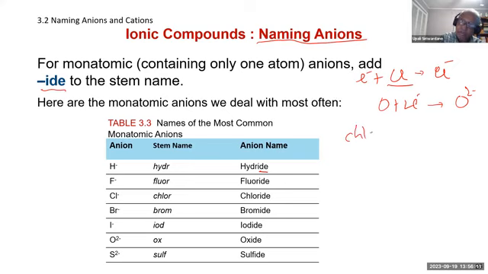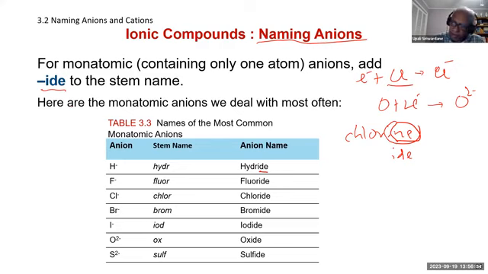Let's talk about fluorine. You drop the ine part and add the ide part. Chlorine becomes chloride. Fluorine becomes fluoride. Bromine becomes bromide. Iodine becomes iodide.